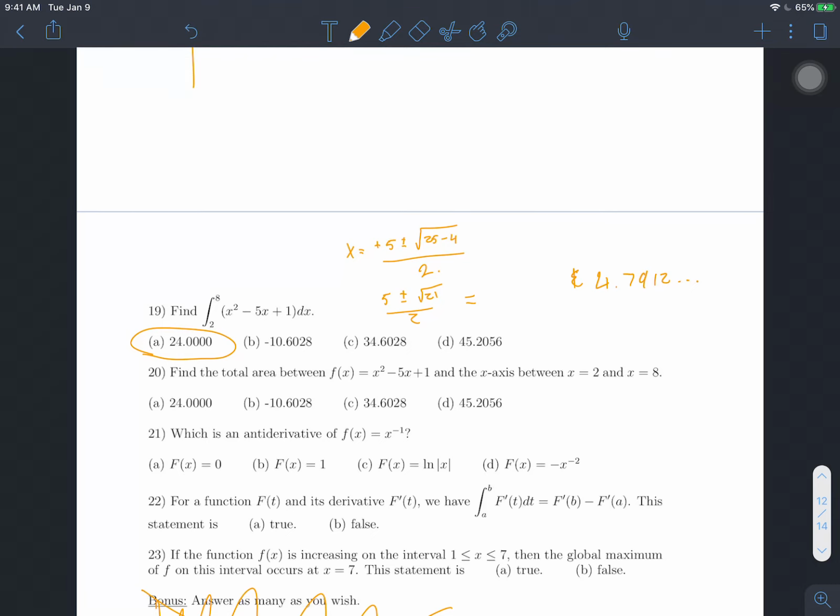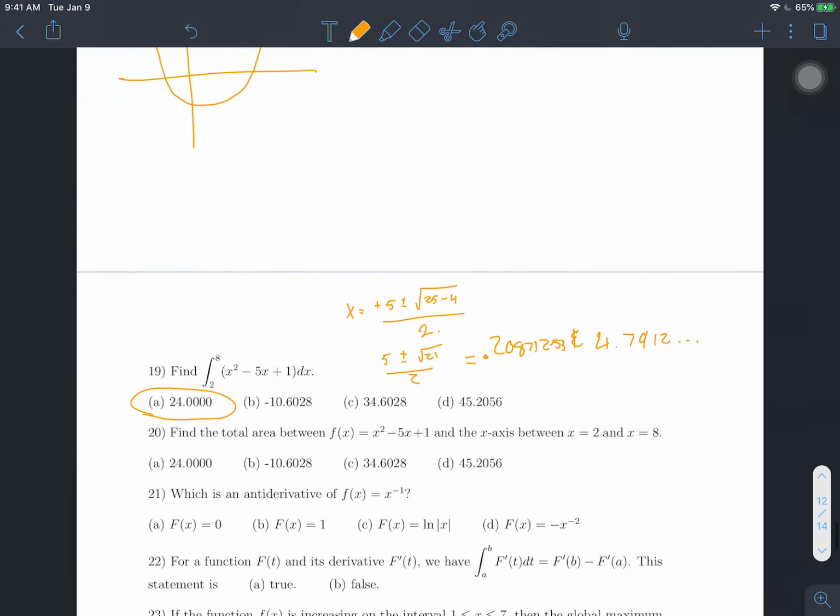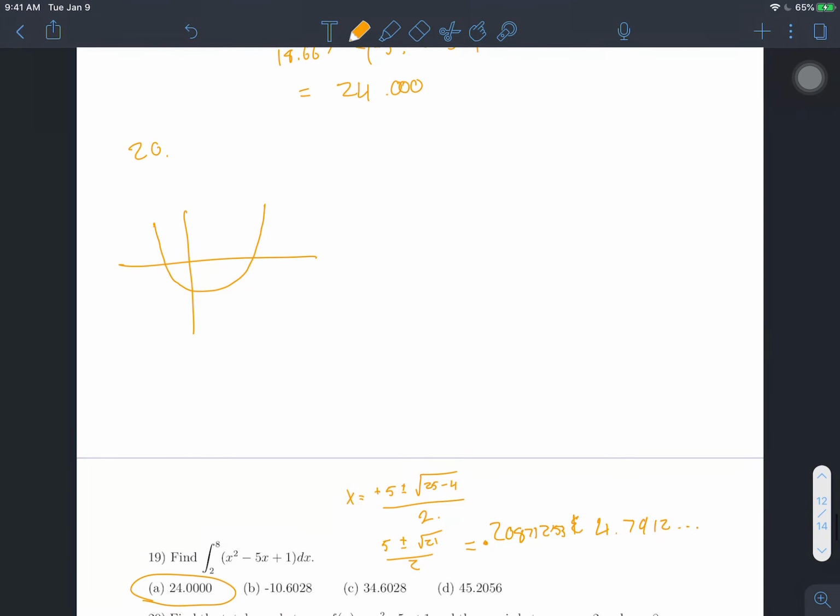So the roots of this parabola are 0.208712153, and this other number 4.7912. So this is going to be a parabola with a root at this decimal point here and this decimal point here, and our integral goes from x equals 2 to x equals 8.